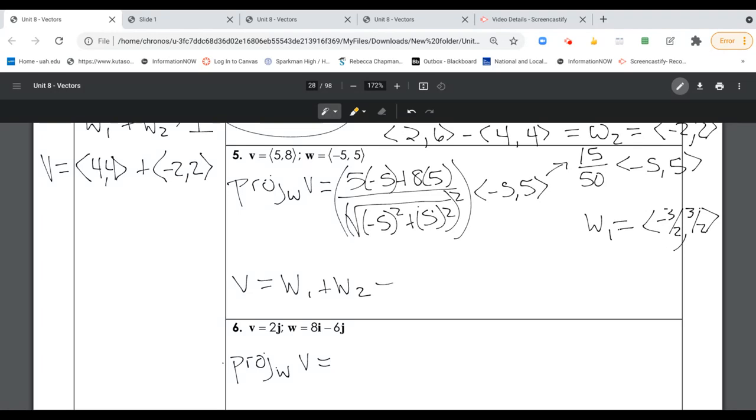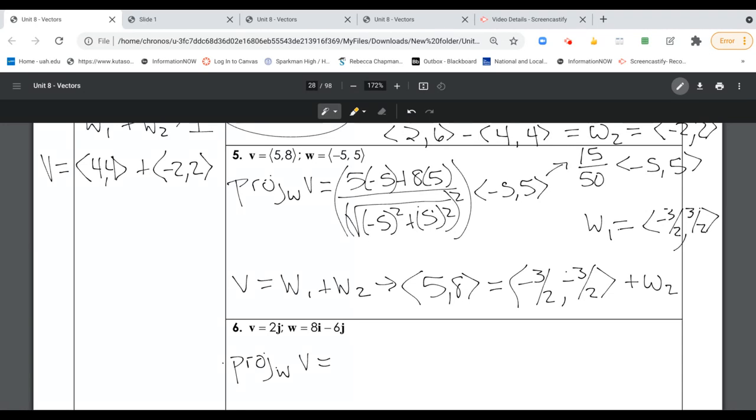So I go back and grab vector v, which is equal to negative 3 over 2, 3 over 2 plus vector W2.